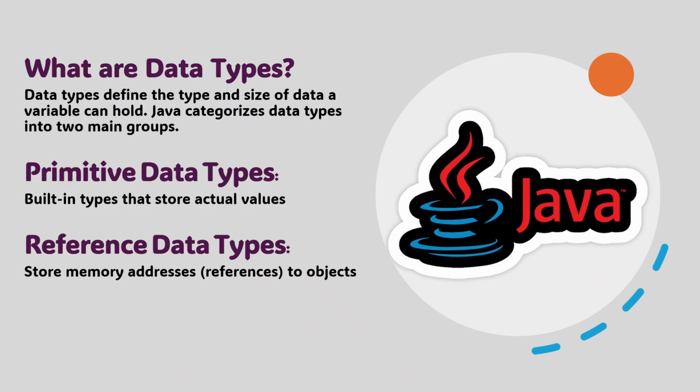Java categorizes data types in two main groups, which are the primitive data types and the reference data types. The primitive data types are the built-in types that store actual values, and then the reference type stores memory addresses, which are also called references. They store them into objects.